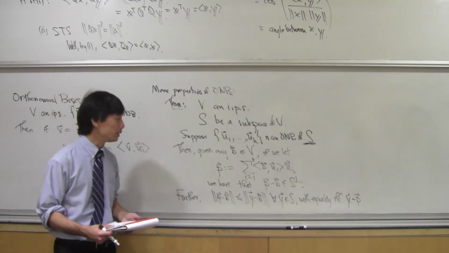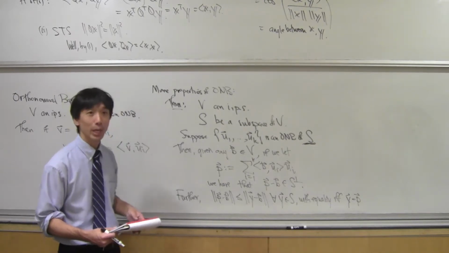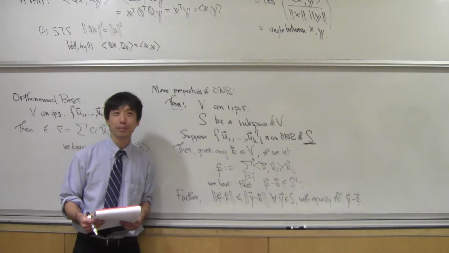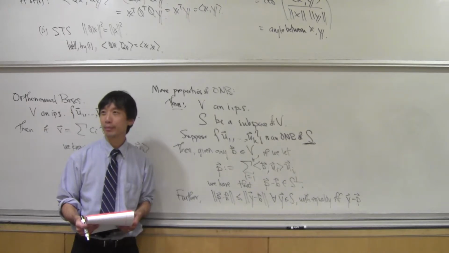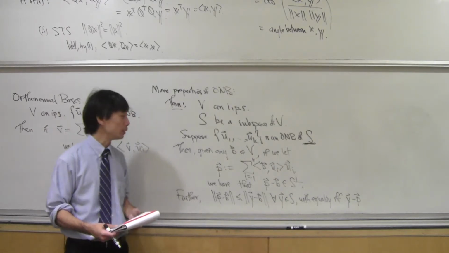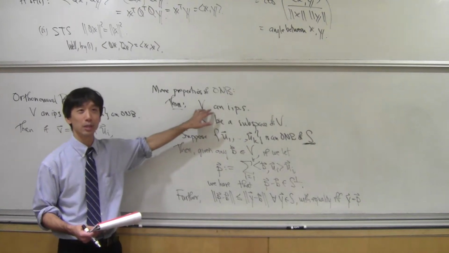Okay, so let's think about this. What does this remind you of? It's very similar to something we did quite recently. Least squares. This is almost exactly the same setup as least squares, except now we're in an inner product space.